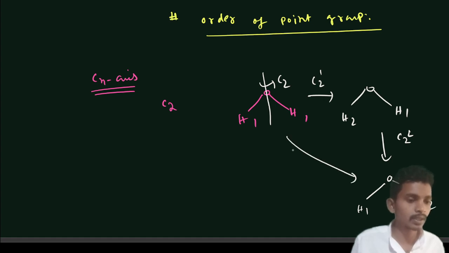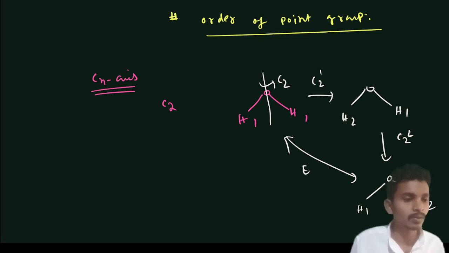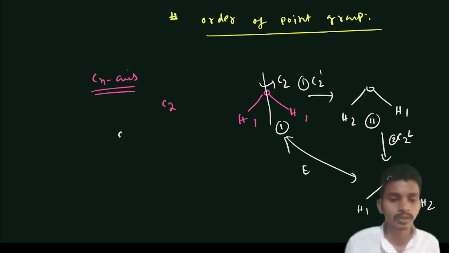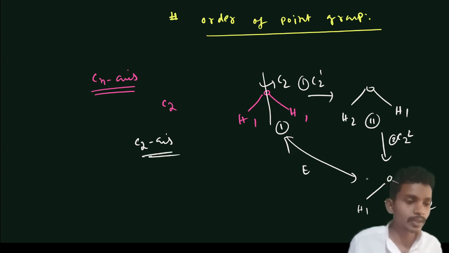So these and these are identical. How many operations did I need to get this? This is 1, this is 2. So I do 1 operation, then 2 operations, then I get the identical orientation. So for the C2 axis, the number of operations needed to get identical is 2.